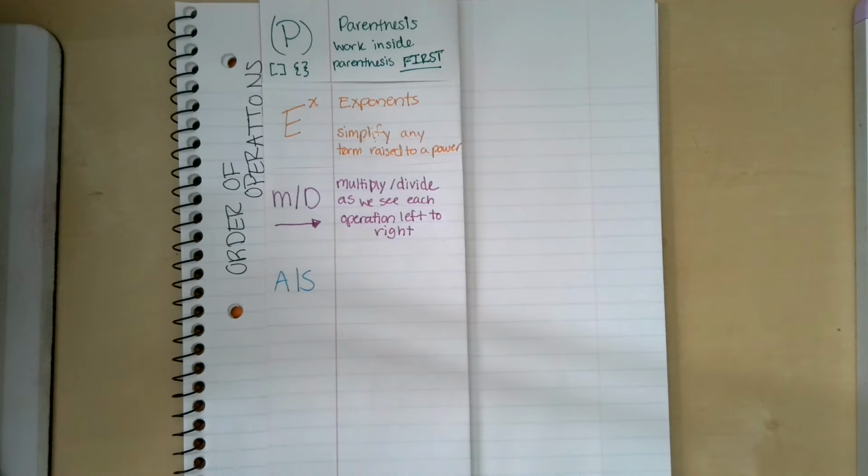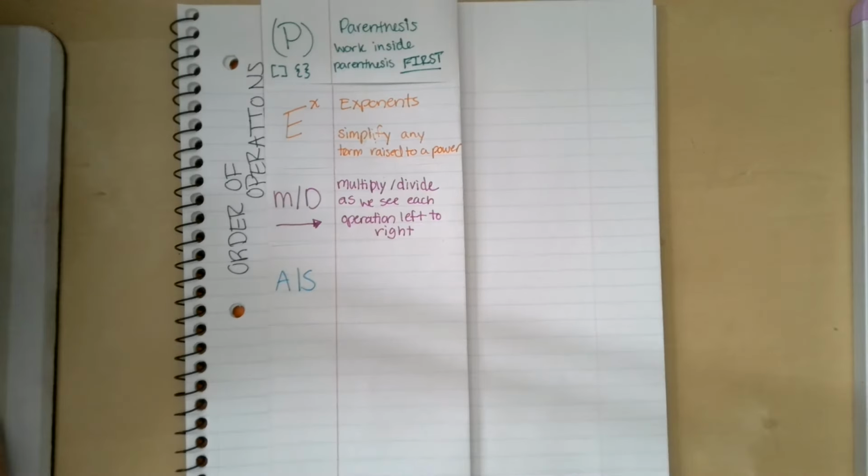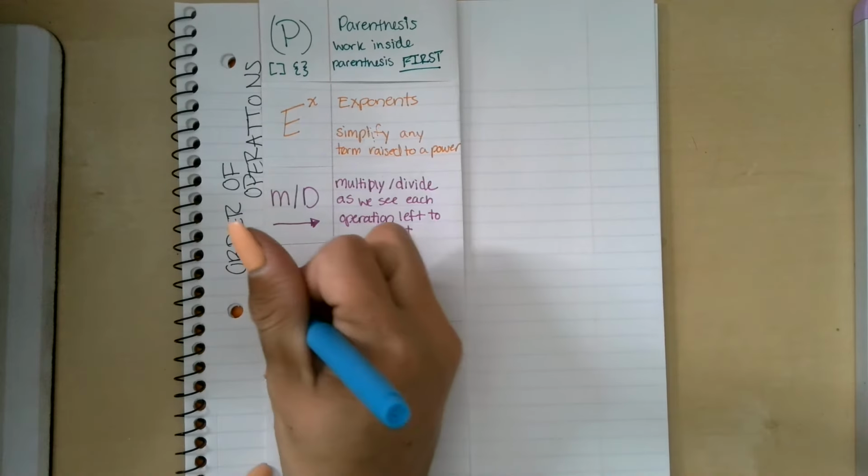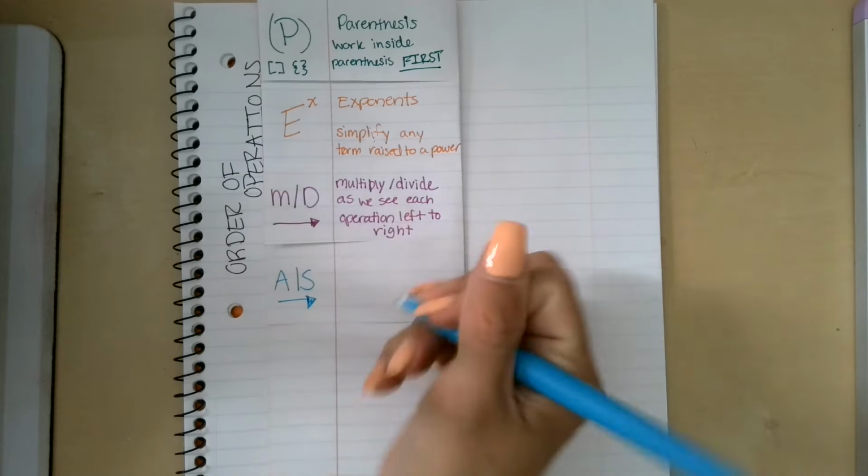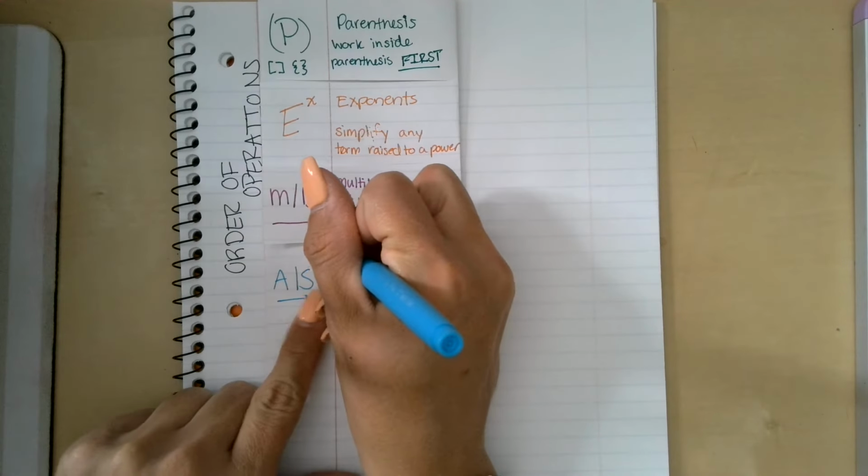The same thing is going to happen for addition and subtraction. The A and the S, we don't do all addition and then all subtraction. What we're going to do is all addition and subtraction as we see it from left to right. So if we see subtraction first, we do subtraction first.